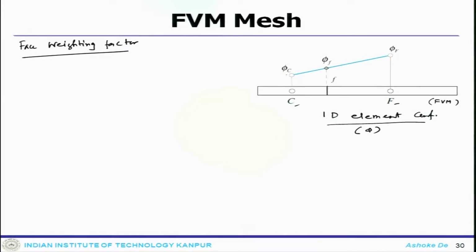The value at this center is phi C, the value at the face is phi f, and the value at this F element is phi F. So phi C and phi F are essentially known values. Using that, we try to find out the face value.